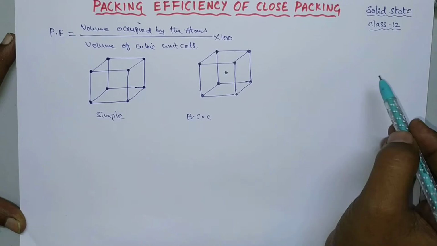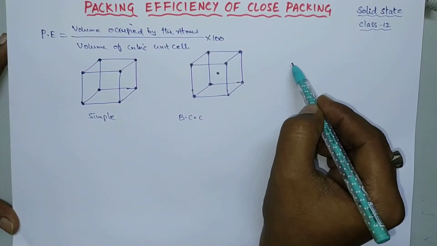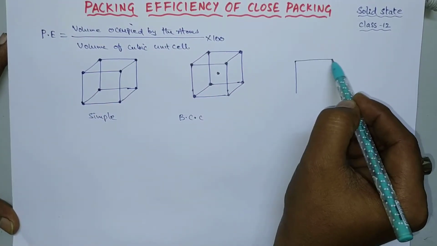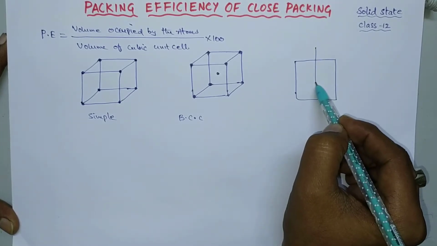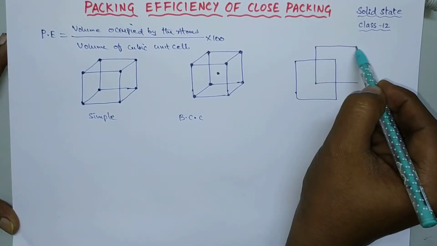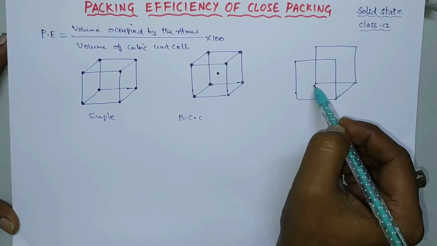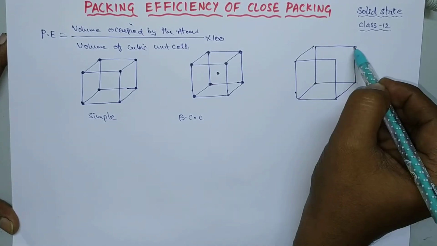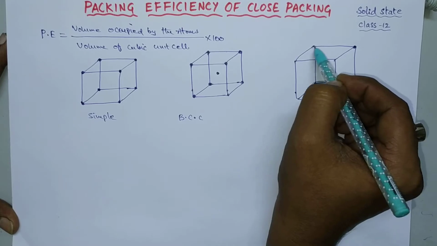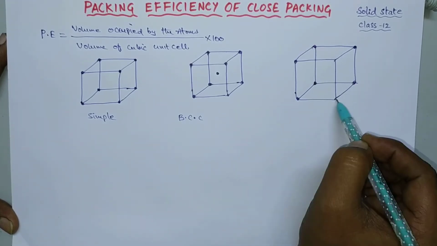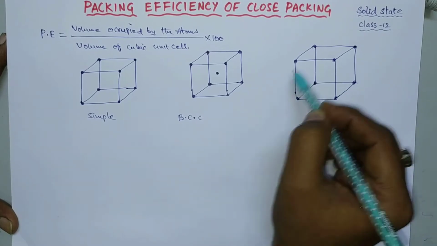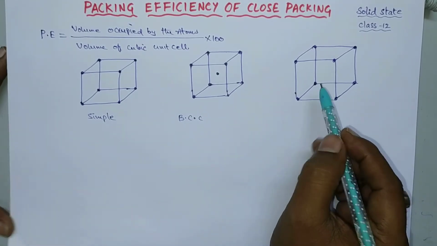The next one is the face centered cubic structure. In the face centered cubic structure, the lattice points are present at the corners and also at the center of each face.